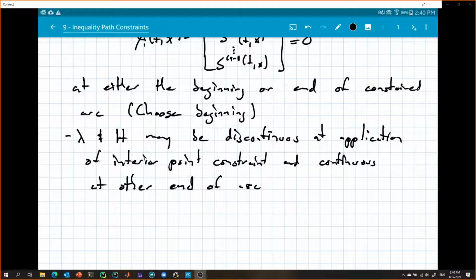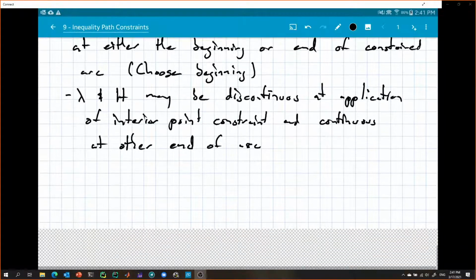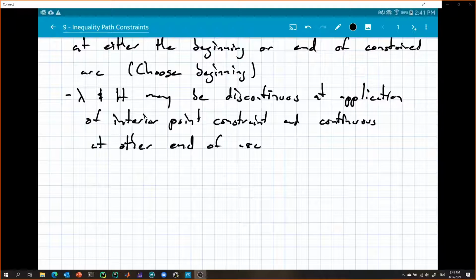So if your problem has some x value, and x is constrained in some way or shows up in the constraint, you could expect that when you enter the constraint, the co-state of x is going to jump. Likewise, if time is constrained in some way at that interior point, then you could expect your Hamiltonian to jump.